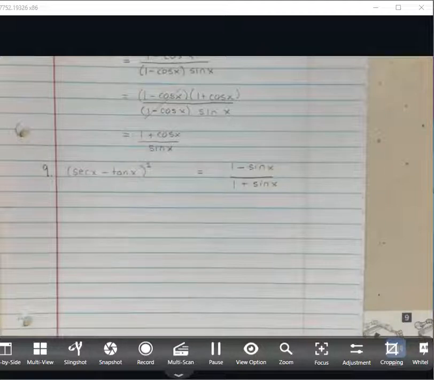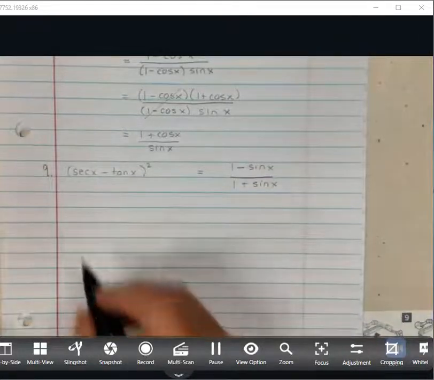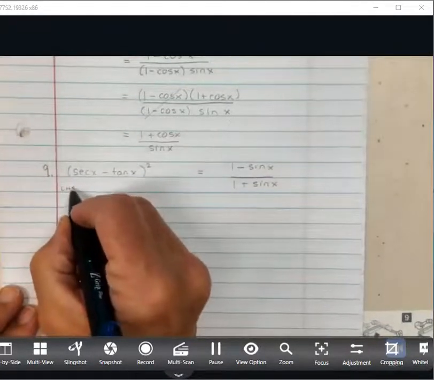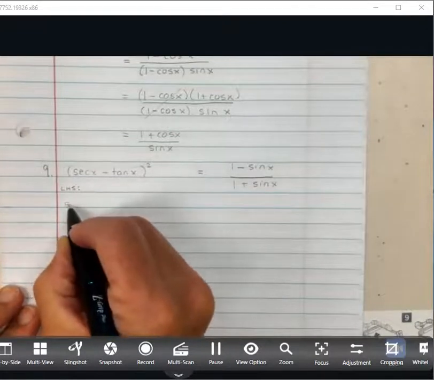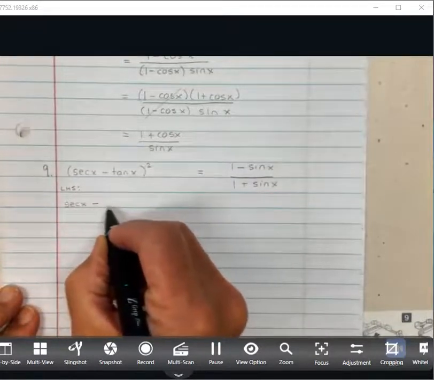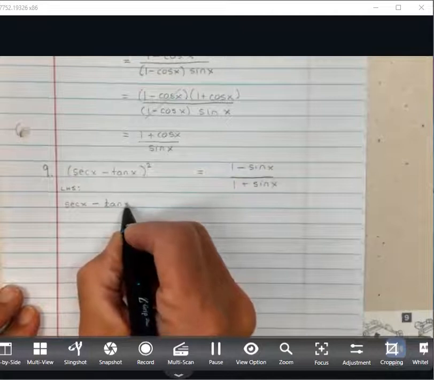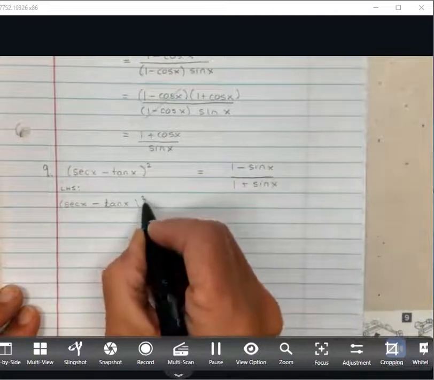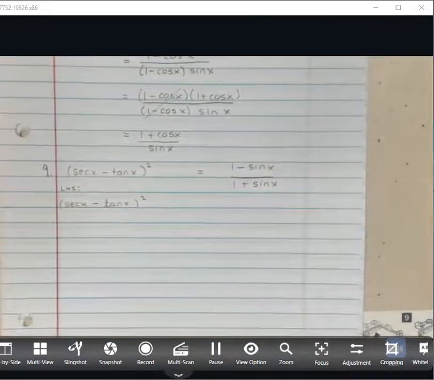We have had success in taking things that were not sines and cosines and making them look like sines and cosines. So I vote we start with the left-hand side. So let's go ahead and make them into sines and cosines.